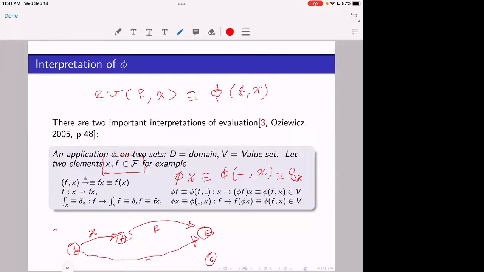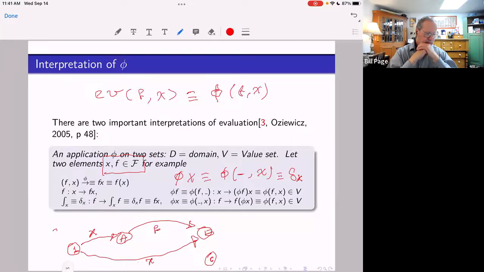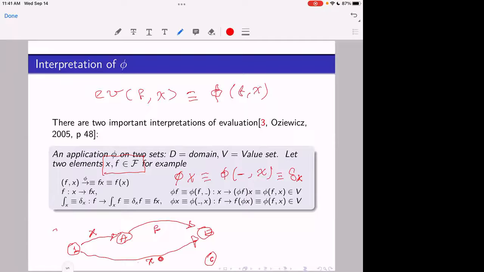As the X value, I would write F compose X. This is what we call F of X.